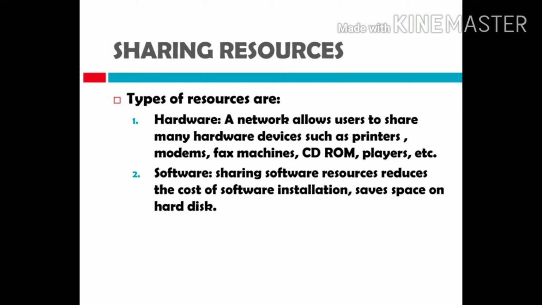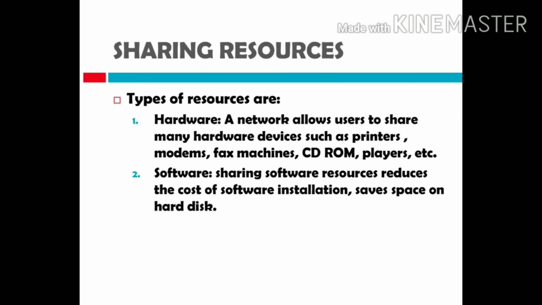First of all, we can see what comes under hardware. A network allows users to share many hardware devices such as printers, modems, fax machines, CD-ROM players, etc. If we take the example of printers, when we share them on the network, you can give printouts from multiple systems by using one printer.